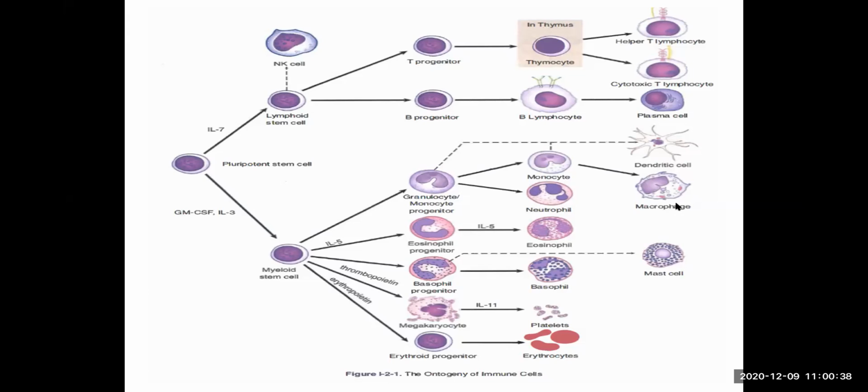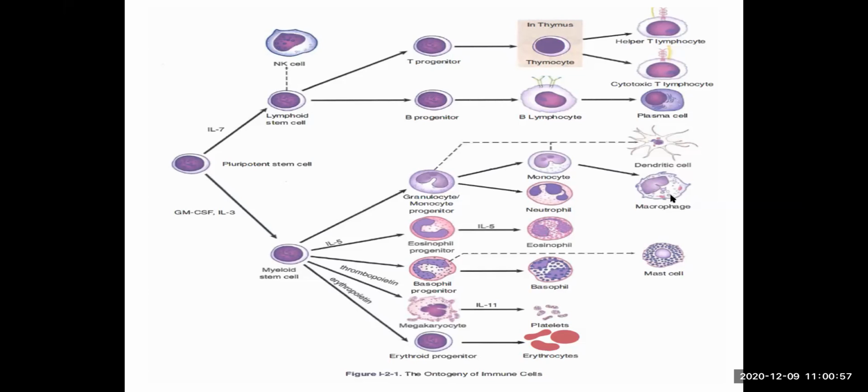Now, these macrophages have different names wherever they are present in the tissue. Let me take one or two examples immediately. In the liver, what is the name of the macrophage? Kupffer cells. Very good, Kupffer cells.